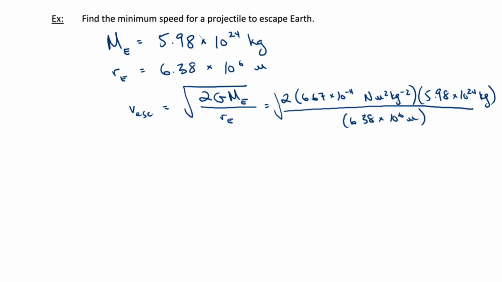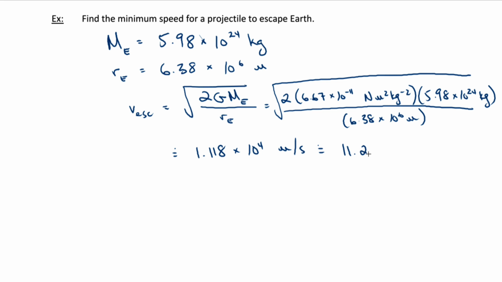And when we put that into a calculator, we get approximately 1.118 times 10 to the 4 meters per second, or converting that into kilometers per second, we get approximately 11.2 kilometers per second. So that's the escape speed.